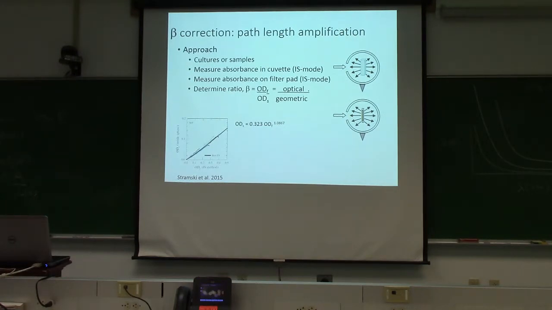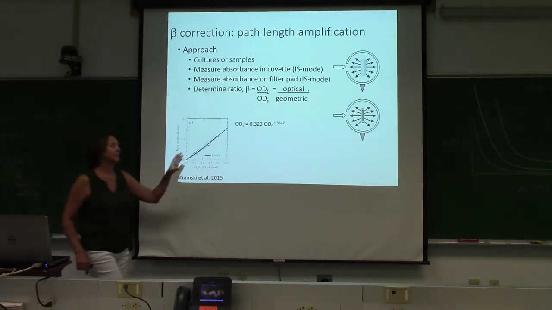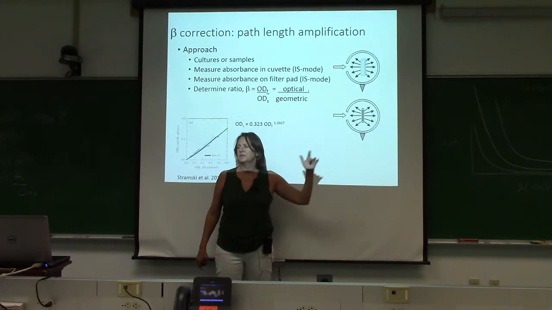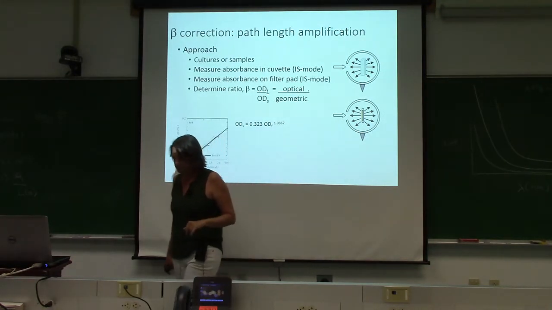Yeah? Why did subtraction of the blank correct for that? Because the blank is used to measure the instrument signal. Interestingly, the blanks are pretty flat because filters scatter light but don't absorb it. So when you measure in an integrating sphere, your blank is pretty close to 0 except for some features of the lamp or the detector.